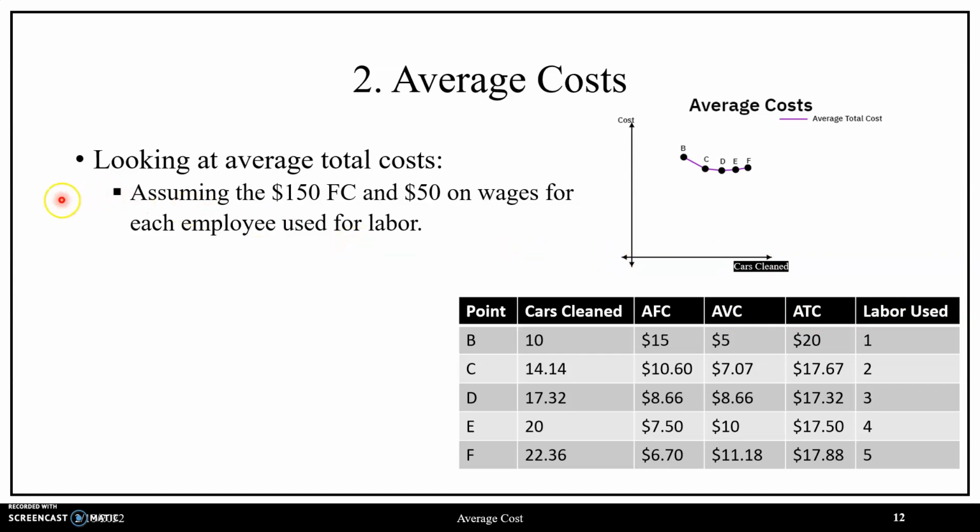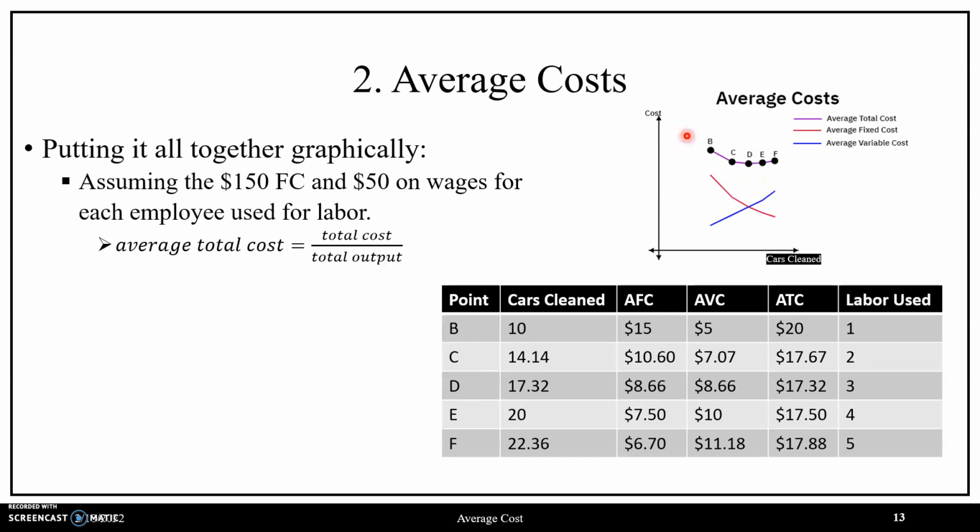Now, we are still assuming that we have our $150 in terms of the fixed cost for the rent and fees, and the $50 in wages for each employee used in regards to labor. We also know that our average total cost formula is going to be total cost divided by total output. And in terms of our graphical representation, we see that average total cost is U-shaped.